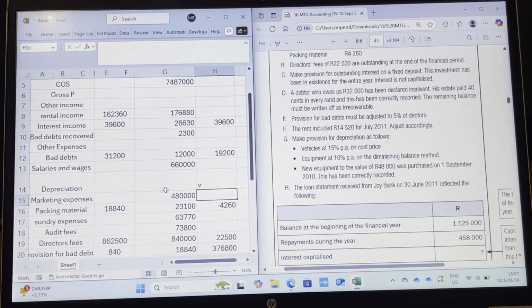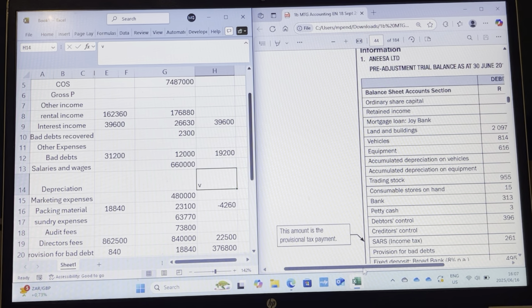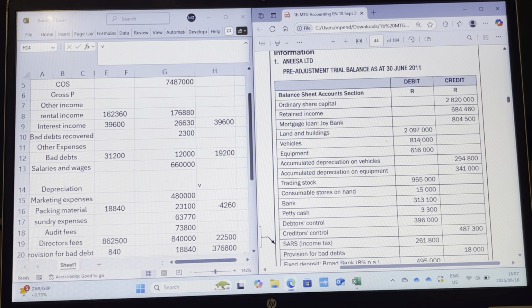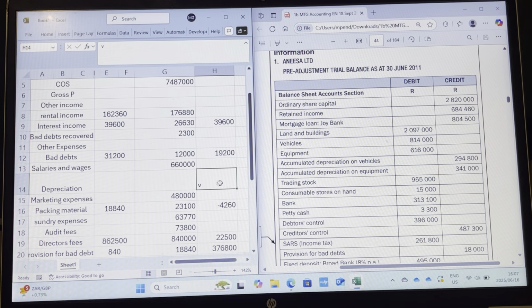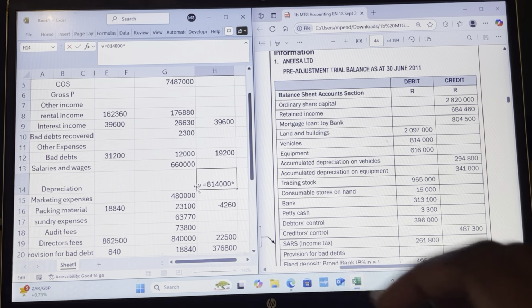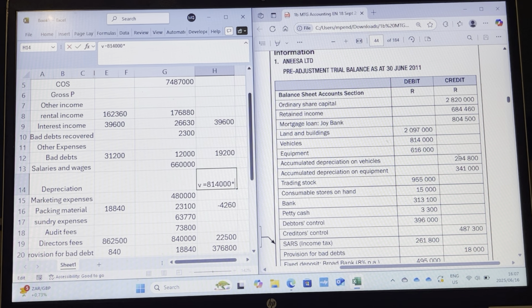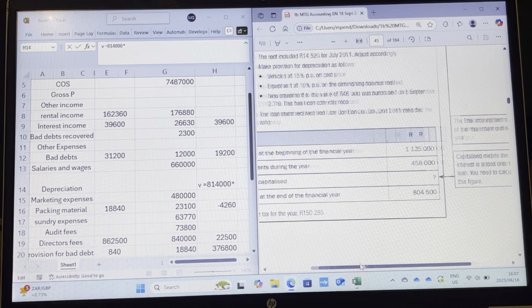Vehicles, it's 15% per annum on the cost price. That should be relatively easy to account for. Our cost price is $814,000, and we've had our vehicles for a full 12 months and we didn't dispose of any.